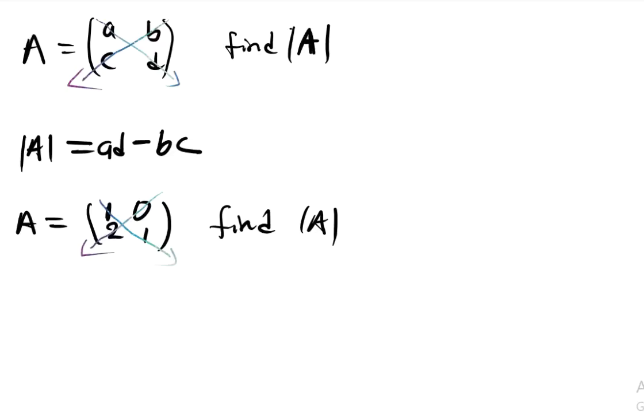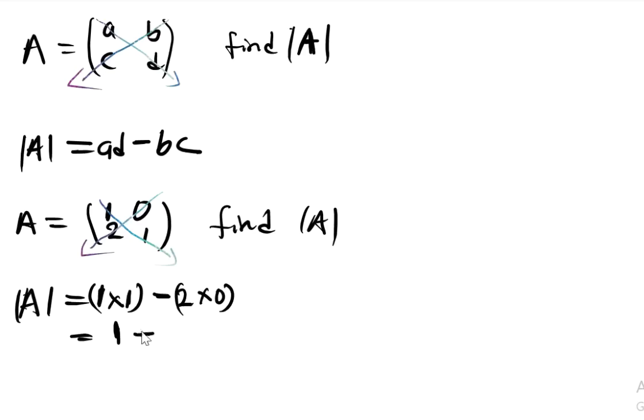So the determinant of A will be equal to 1 multiplied by 1 minus 2 multiplied by 0. 1 multiplied by 1 is 1, minus 2 multiplied by 0 is 0. So the determinant is equal to 1. This is the final answer.